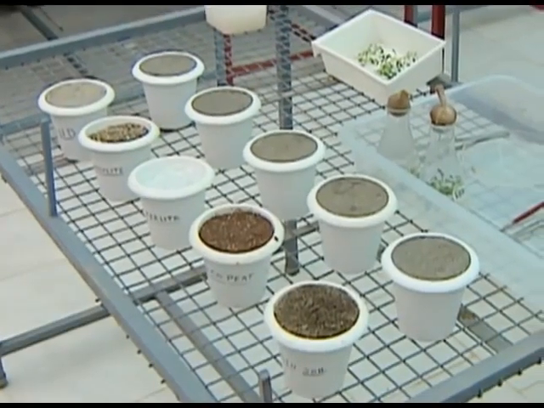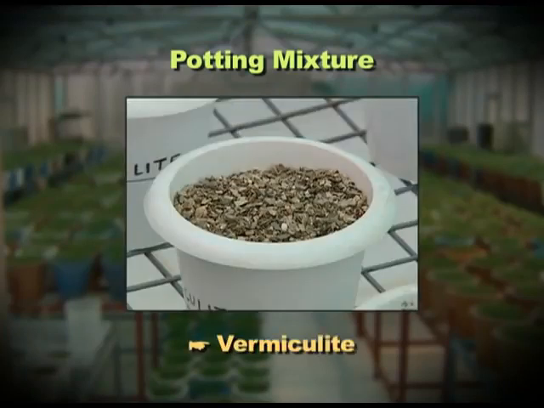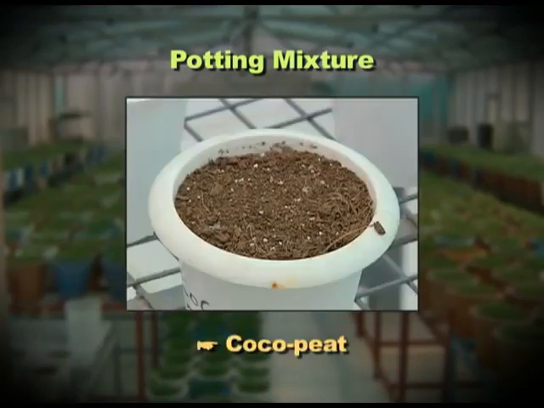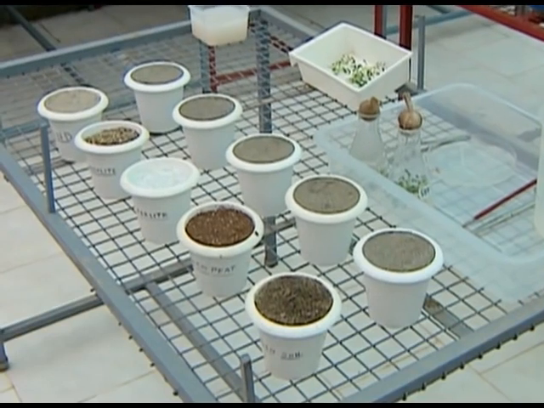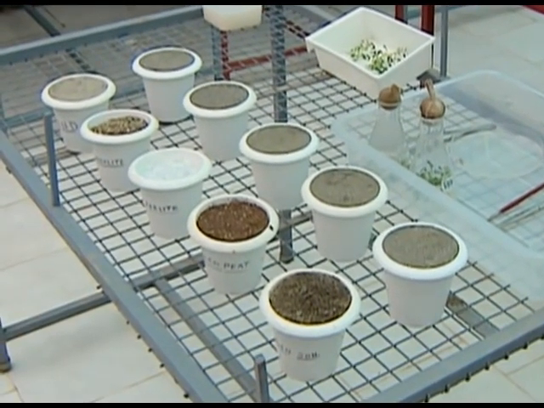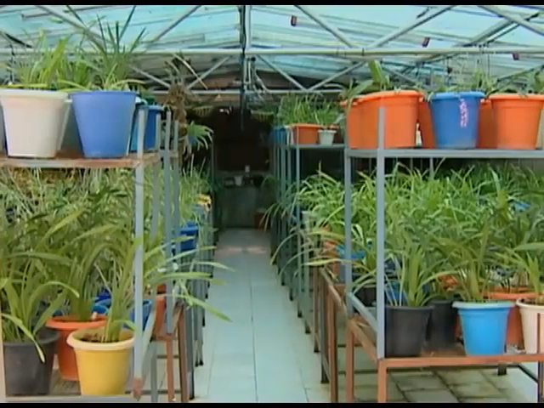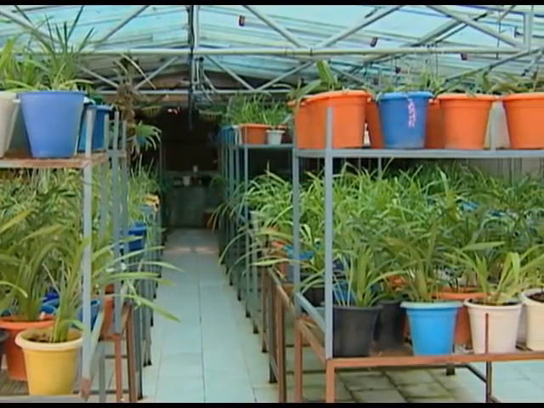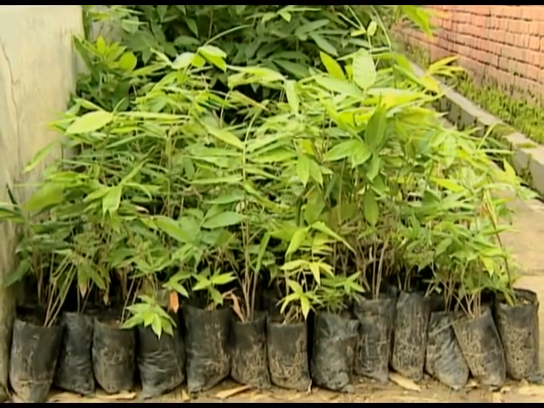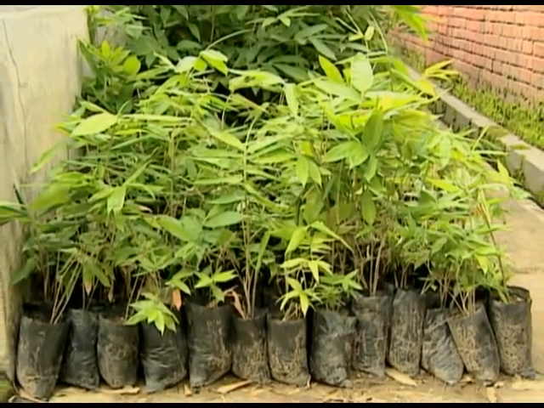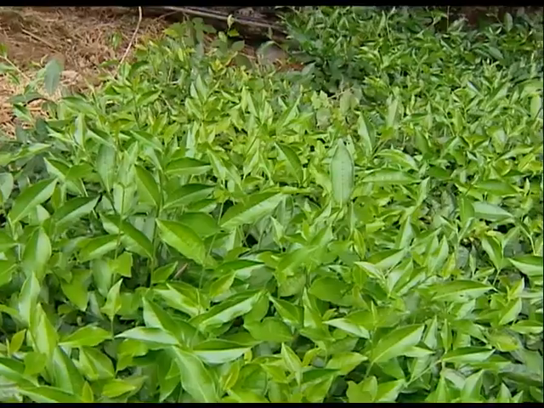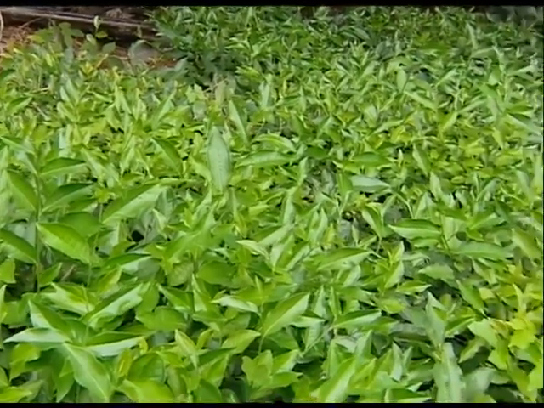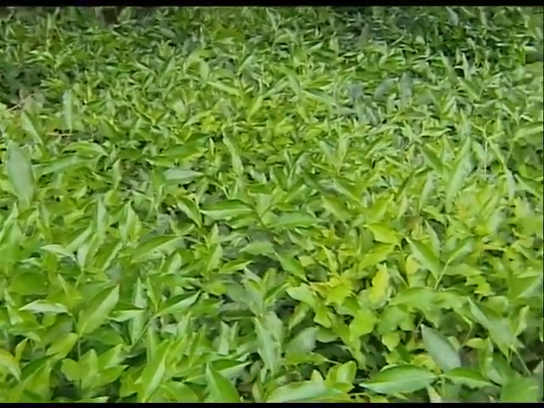Other media like soilrite, vermiculite, perlite, and coco peat can also be used for preparation of the potting mixture. After 45 to 60 days, these acclimatized plantlets can be shifted to the outdoor conditions. These plants are now ready for the harsh conditions with very low mortality.